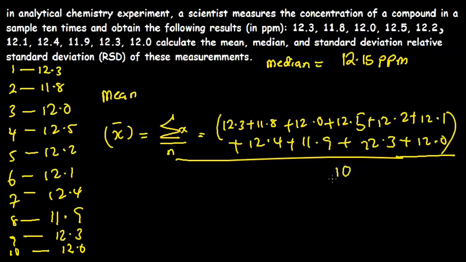If you punch this in your calculator, the sum is going to be 120.5, and 120.5 divided by 10.